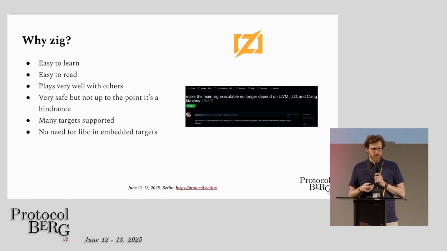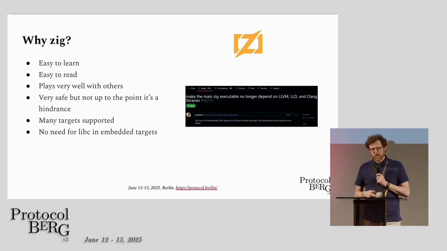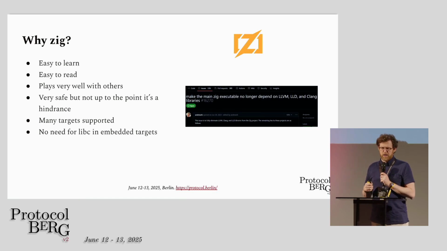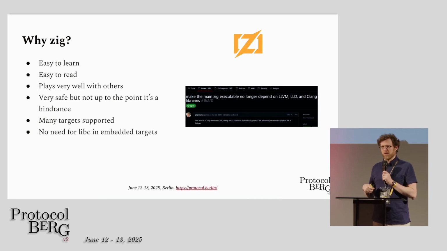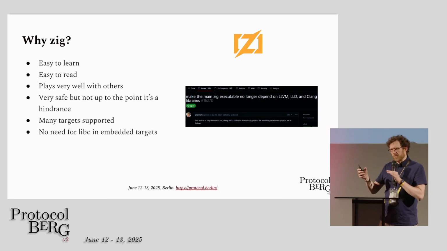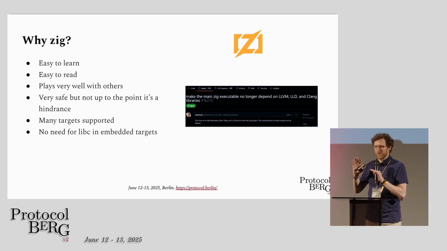Zig is a language that is easy to learn, that is more importantly very easy to read, so much easier to maintain. There's only one way to do things. It's a language that plays very well with others, meaning if you want to integrate a C library, you do not want to have something that Rust forces you to do. And I'm sorry for all the Rusticians. I'm sure we'll discuss that after the talk.